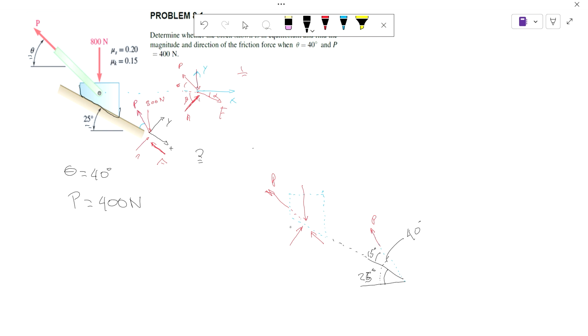So that means that this force with respect to y, if we choose x and y, we know that this angle with respect to y is 15 degrees.